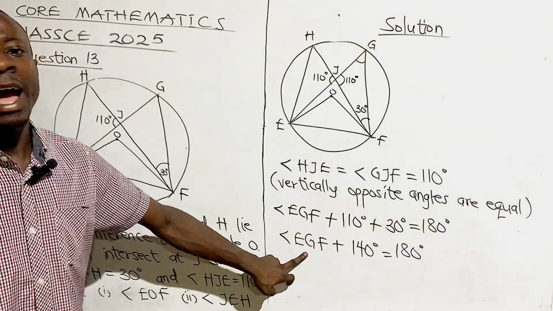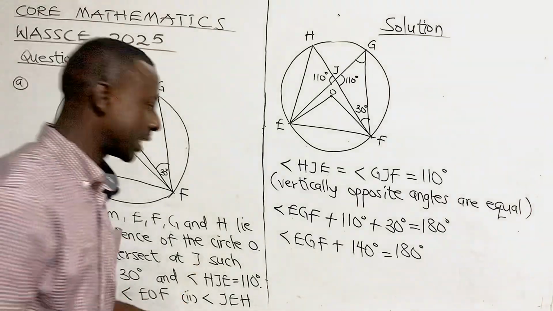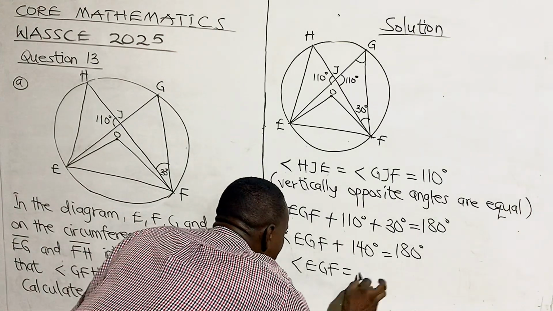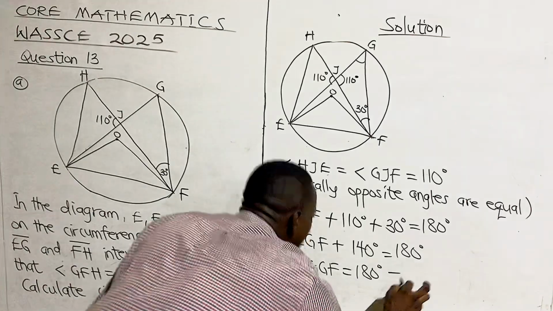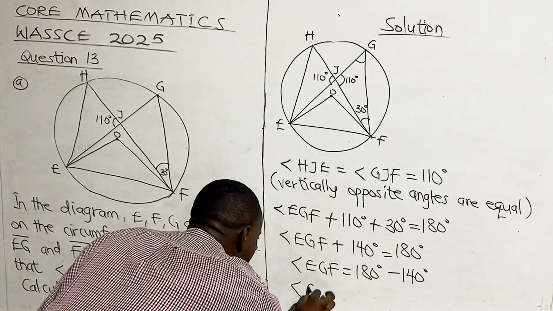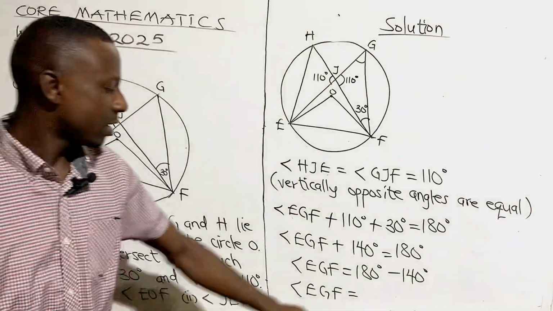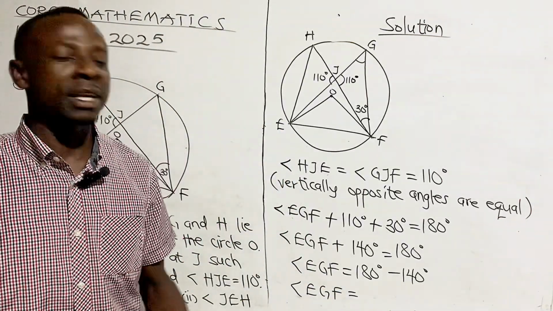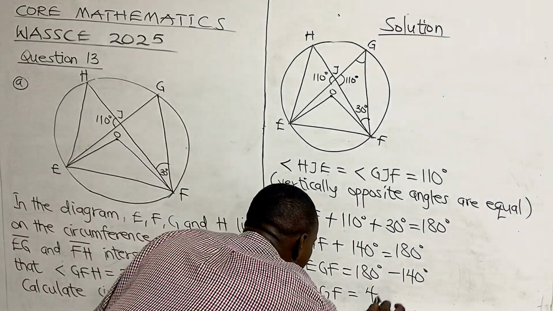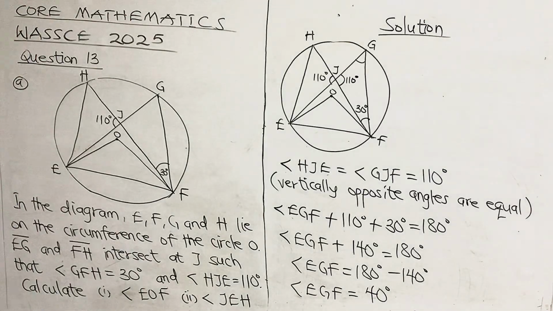From here, I can make angle EJF the subject. So angle EJF is equal to 180 minus 140. So finally, 180 minus 140, we are getting 40 degrees to be the angle.